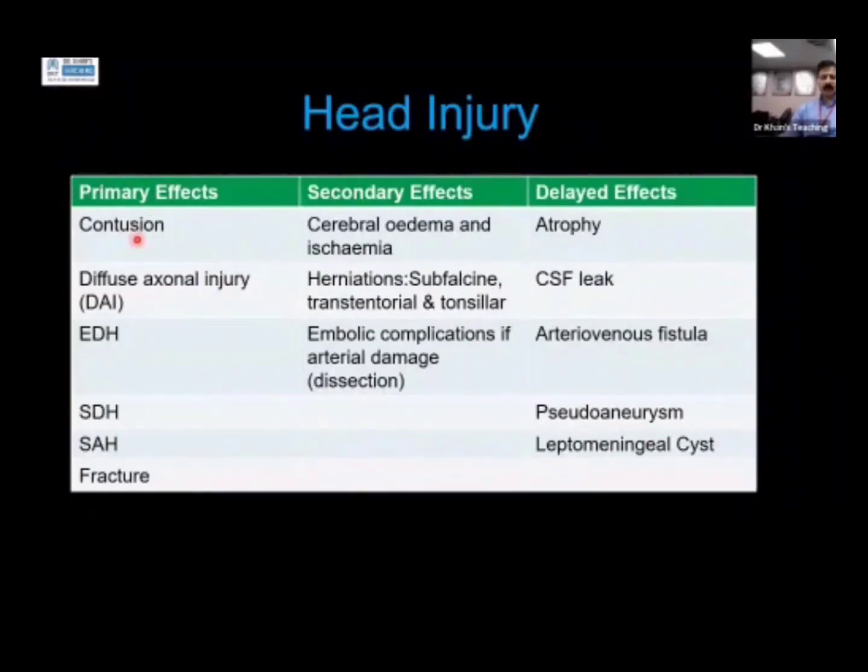For example, you are playing cricket and you are hit on the elbow by the ball, you'll get a bruise there. Where will you get the bruise? The bruise will be on the surface. And of course, it can be very deep. So if you do an MR, there might be edema in the underlying muscle also.